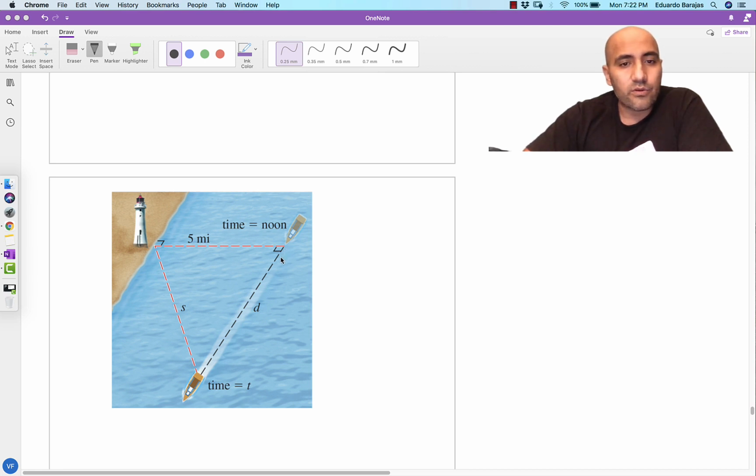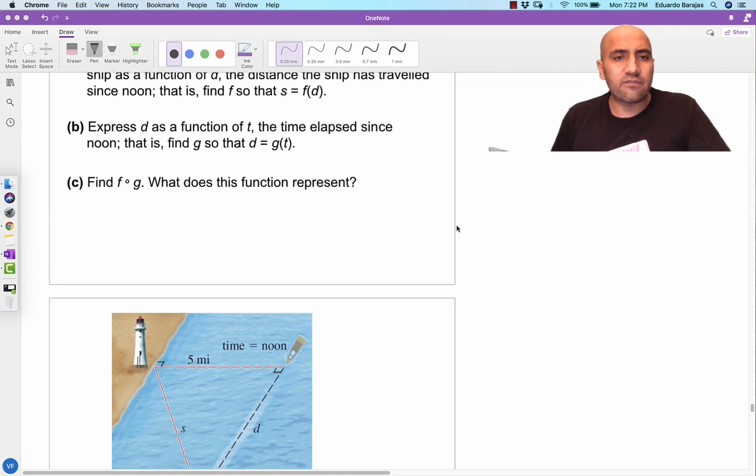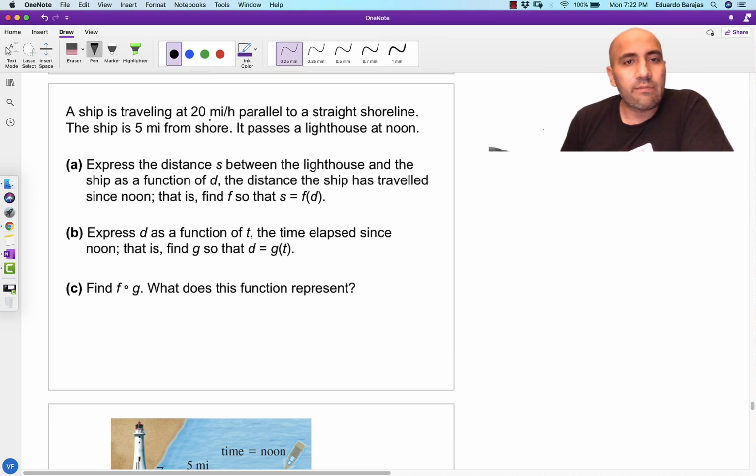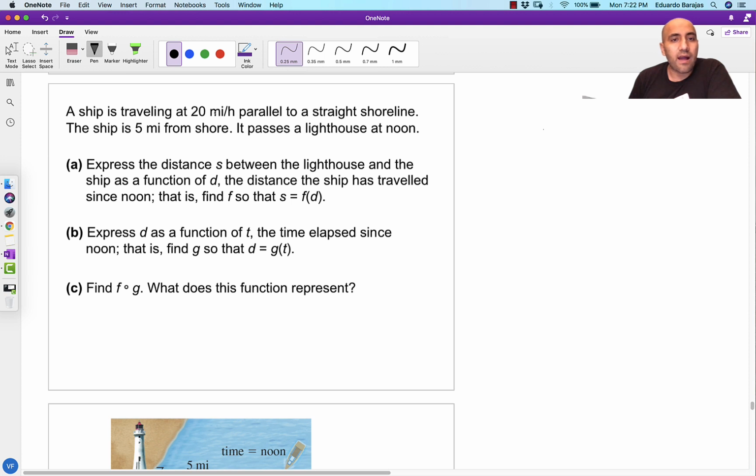And then as the boat continues to travel, it's traveling a distance d at time t, so t hours later. It didn't specify, but for convenience, it seems like we should make all the units match. They didn't say not to, so why not? The ship is traveling at 20 miles per hour, so why not make the units miles for distance, and time in hours.